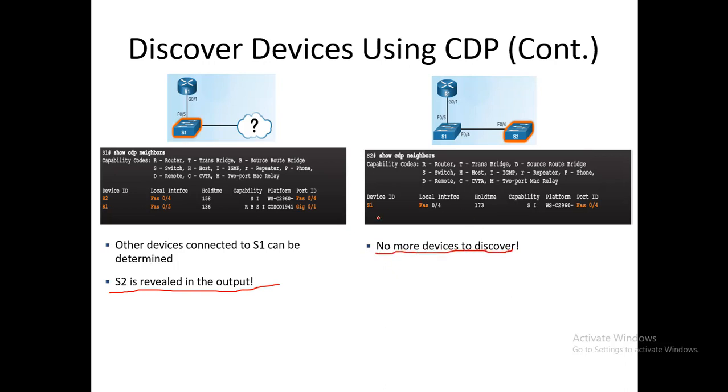Here this will display no devices, because you can see that S2 is not connected to anyone. S1 was connected to someone, so that is why it has revealed the information about S2. But further, S2 is not with anyone else, so it will not be a part of more discovery process.